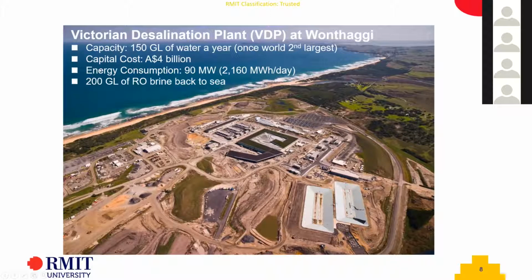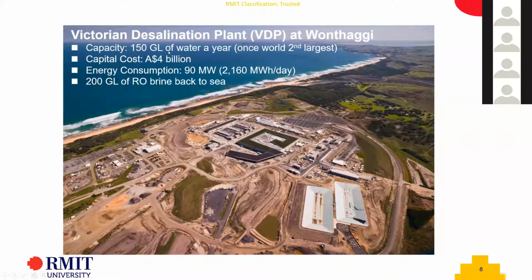With regard to energy consumption, it needs 90 megawatts. In translation, each day it would consume 2,160 megawatt hours. My calculation of the specific energy demand is about 4.8 kilowatt hours for 1 cubic meter of water.